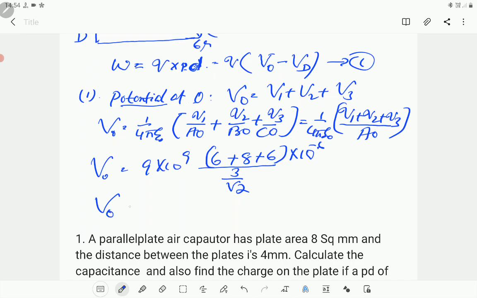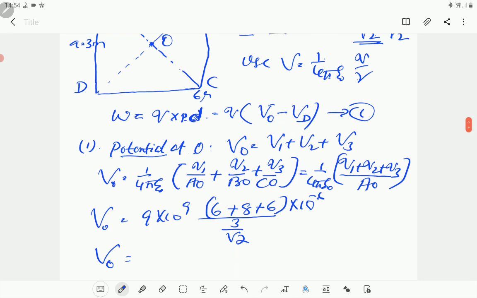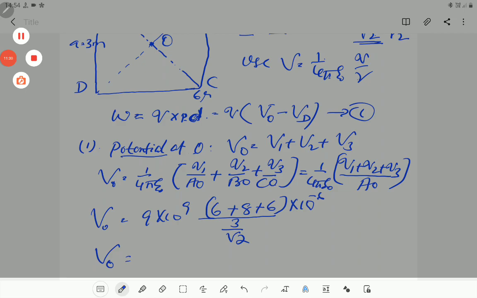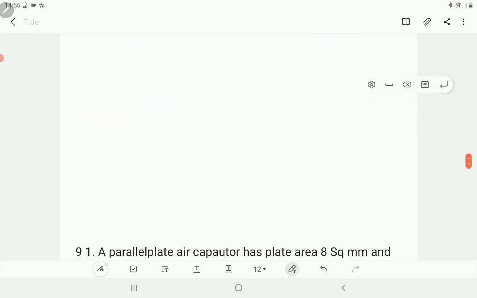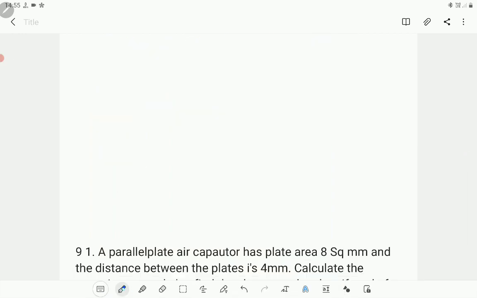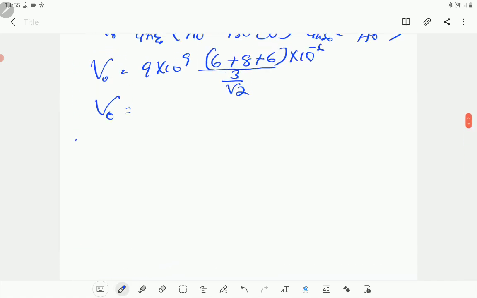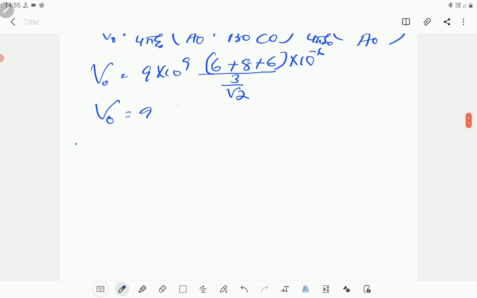VO, potential at O, is 9. This denominator term root 2 comes to the numerator, divided by 3, the 3s cancel.